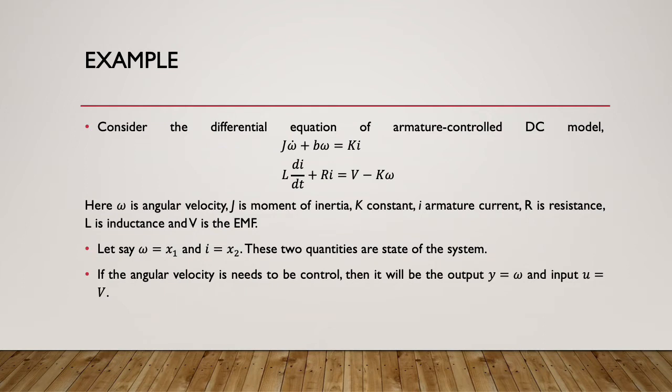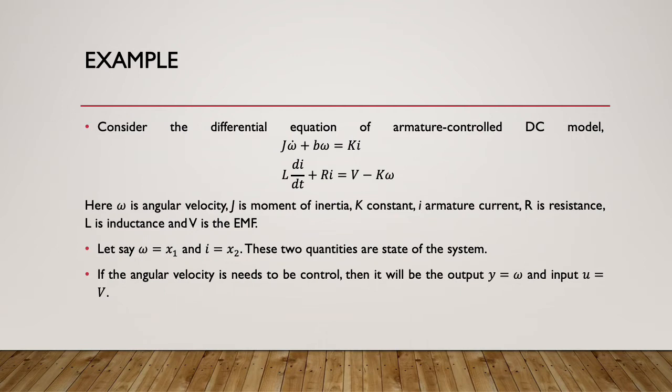Let's say the motor requires a current to generate a particular speed, and this current I is defined by another variable. Let's take some nomenclature: omega equals x1 and I equals x2. There are two variables in the equation, and we already defined that V equals U in this case.